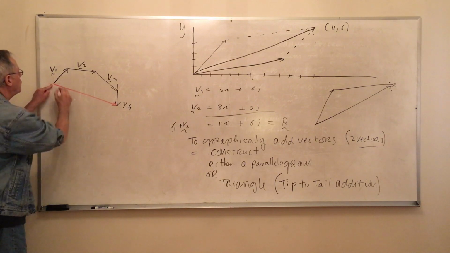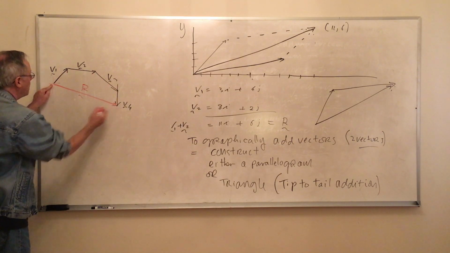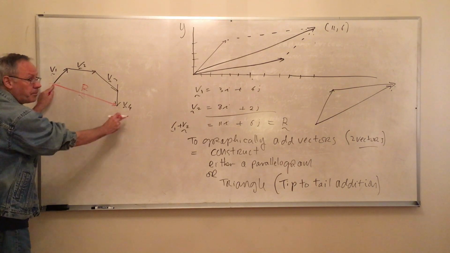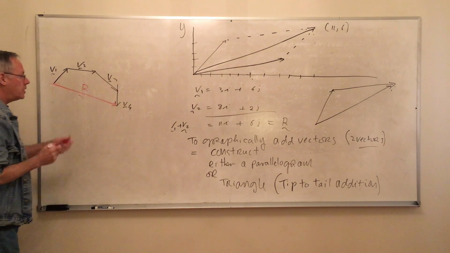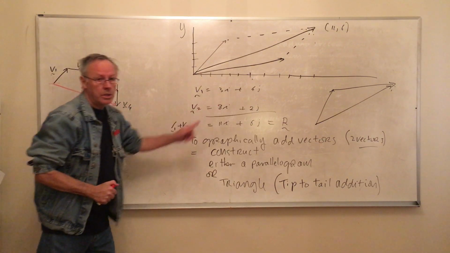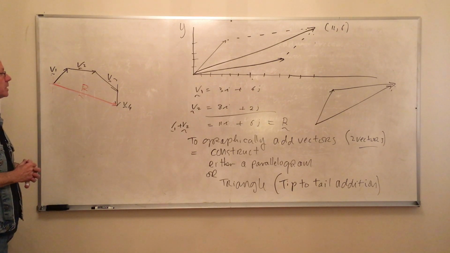We begin at the origin, add them tip to tail, and end up at our resultant, which will be some vector that joins this whole figure and completes it, right? Any number of vectors, this works, and you can show that by simply plotting out the components on graph paper. I don't have time to go into this, it's only a YouTube lecture, but this can be done.